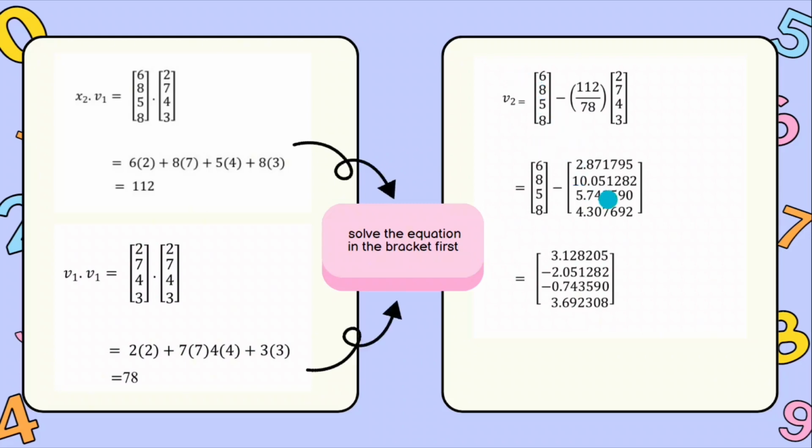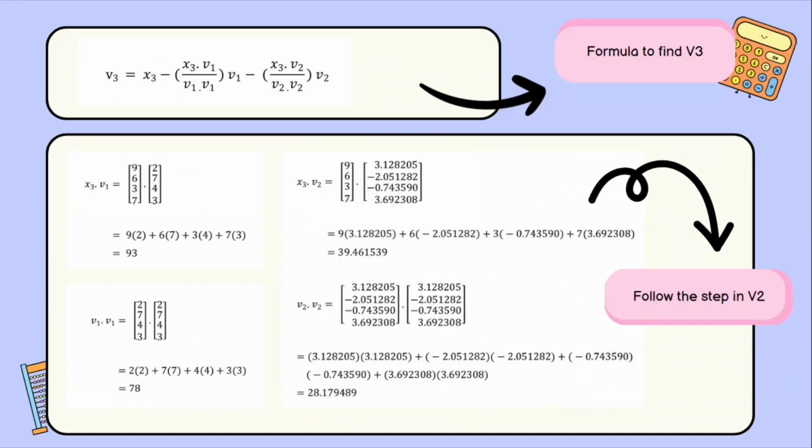And x2 minus the answer, and we get the vector 2, which is row 1 equal to 3.128205, row 2 is equal to negative 2.051282, row 3 is equal to negative 0.743590, and row 4 is equal to 3.692308.